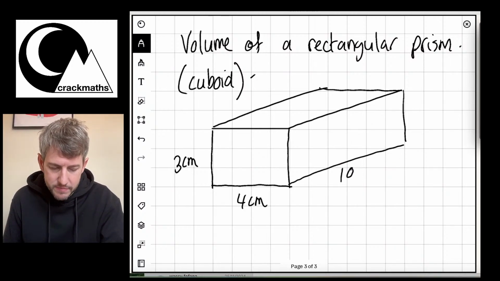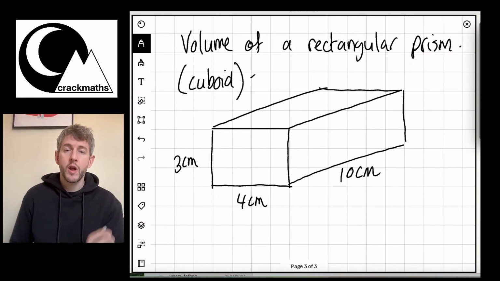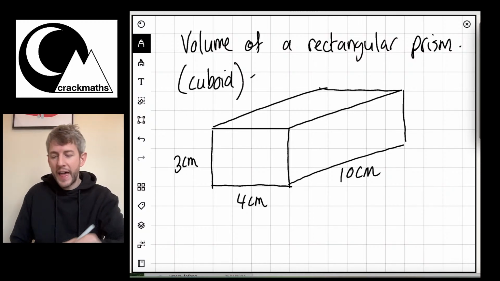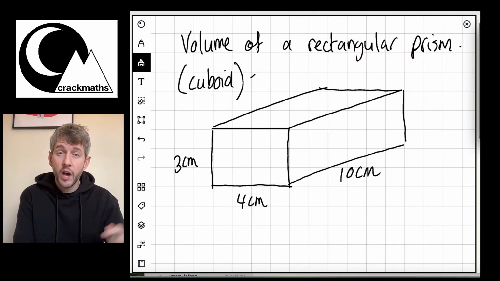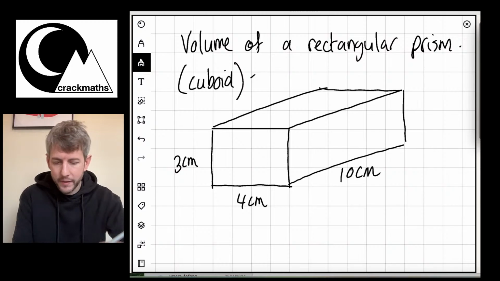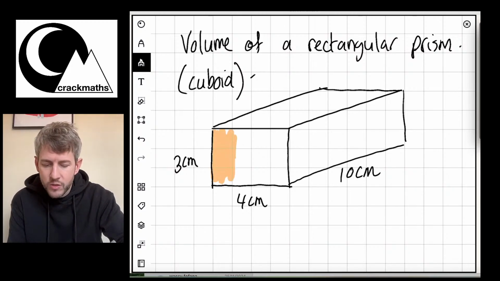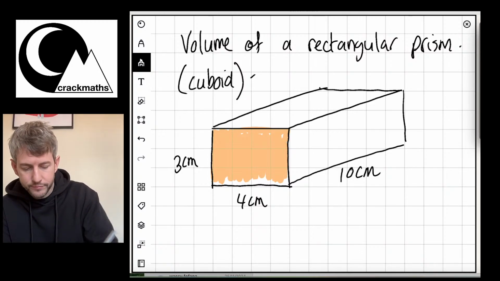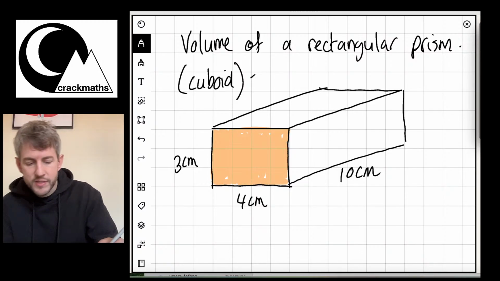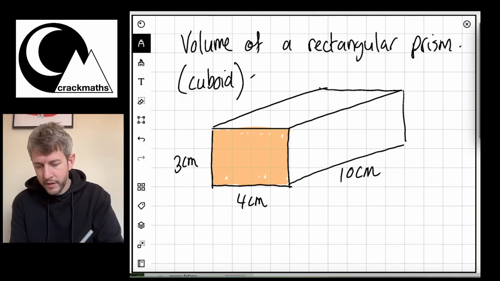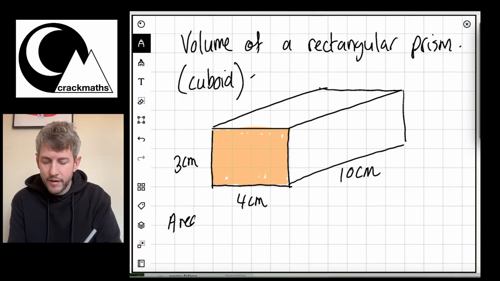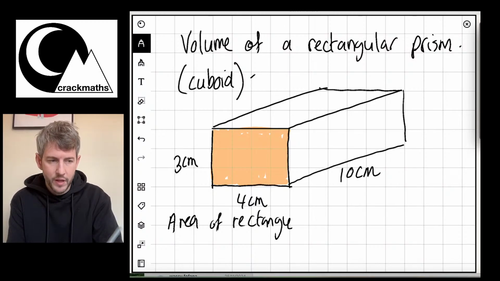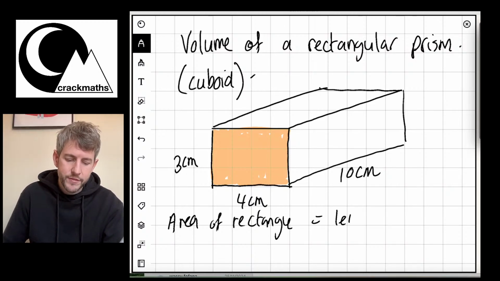10 centimetres. So remember, the volume of any prism is you find out the area of the face and then you times it by how many times you're going back. So here I need to work out the area of this rectangle. Okay, so if you need to remember, area of a rectangle is equal to length times width.